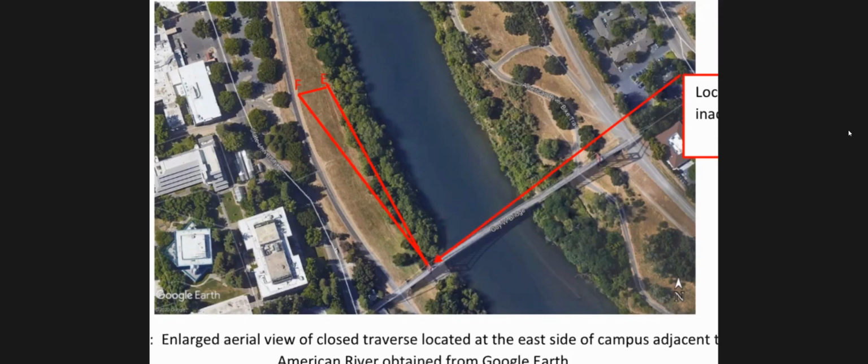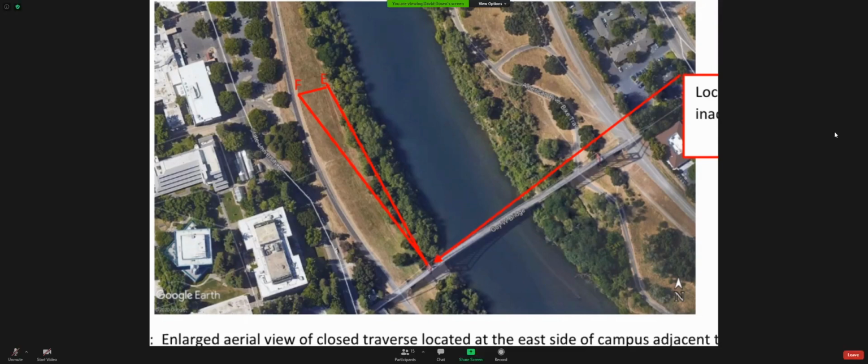I want you to understand the range of that distance, because if that distance isn't correct, you're going to have a really bad answer for the elevation of your tower.